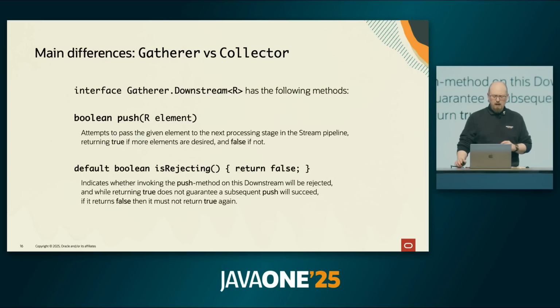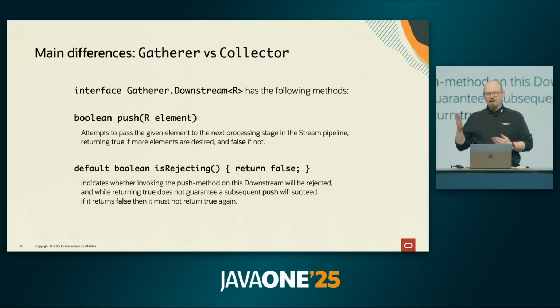There's also an extra method, which has a default value, and it's primarily useful in a finisher. That allows you to essentially poll to see, does the downstream want any more elements even before I produce them? So you can imagine a sort, for instance, where you're collecting all of these things and arranging them in the correct order, but you can't push any elements until end of stream because you would have to sort any new elements into the total sort order.